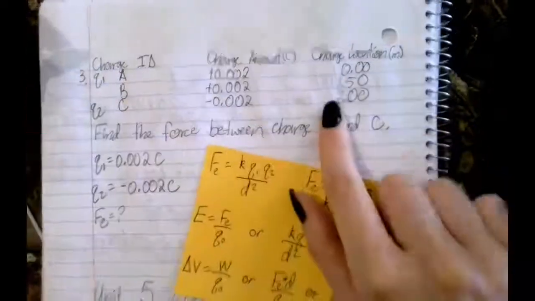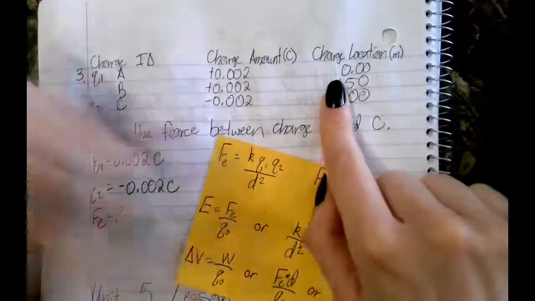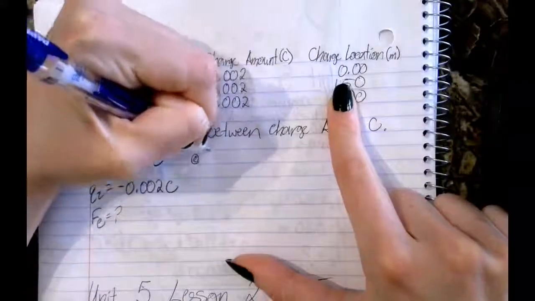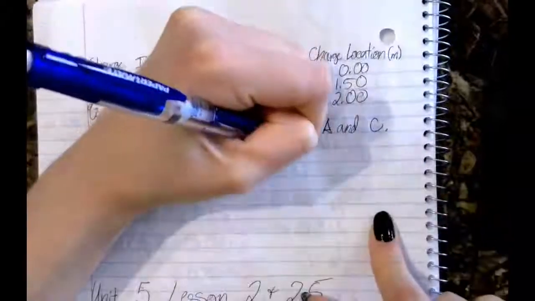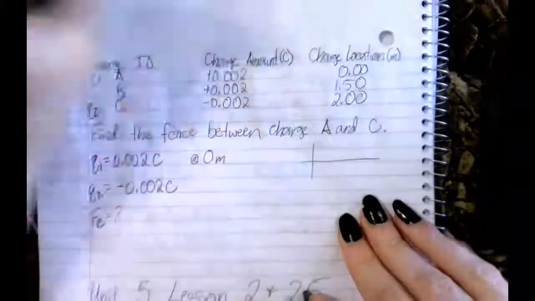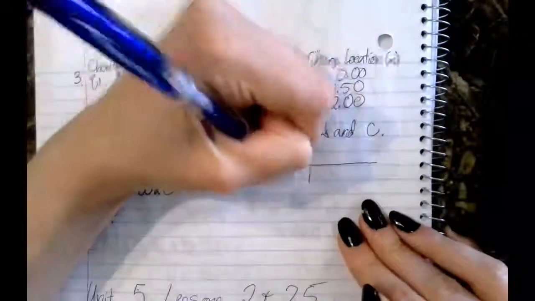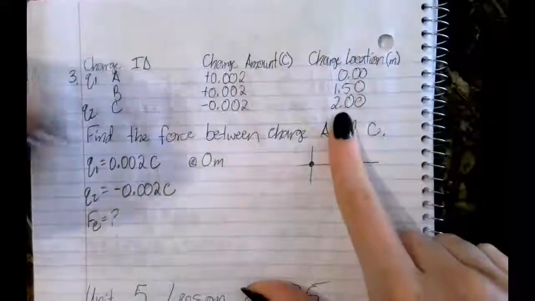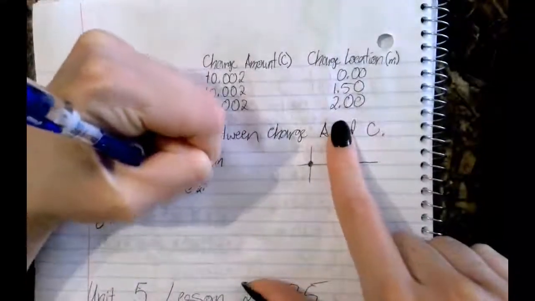So looking over here at their locations, Q1 is at 0. So if I were to draw a little picture, right, and here's like my little graph, charge 1 is right here at 0 meters. Charge 2 is then at 2 meters.